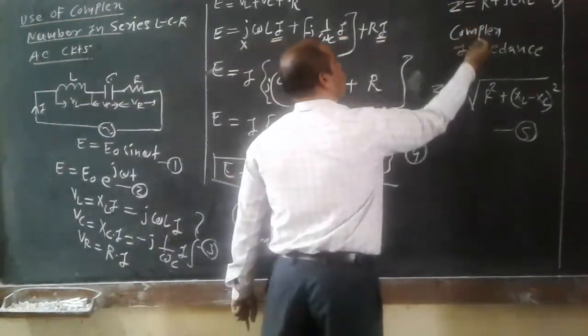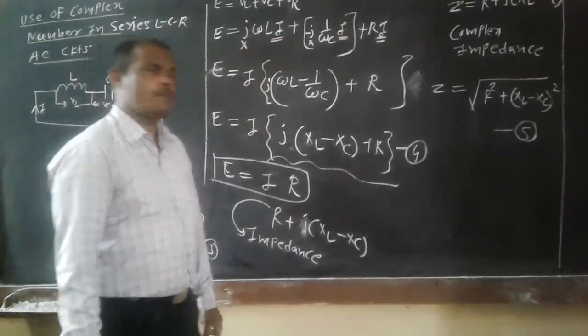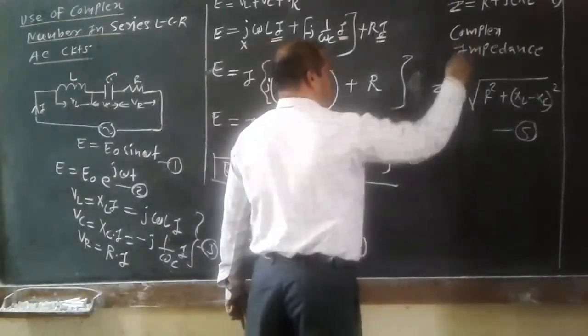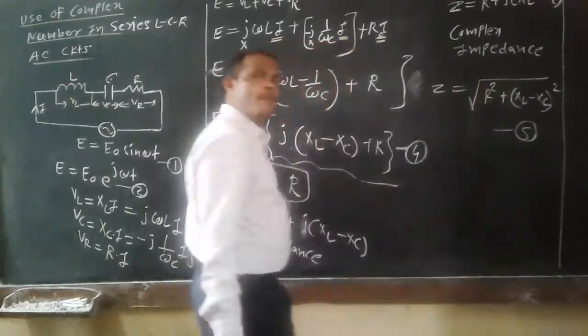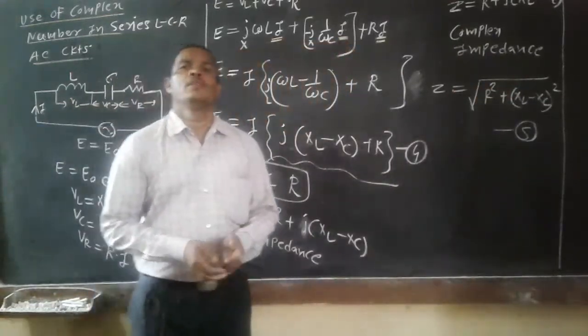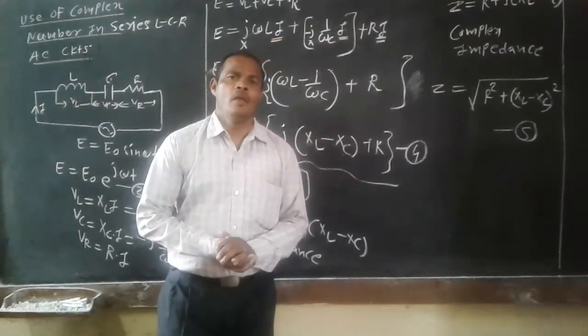It is called complex impedance, and the magnitude of the complex number Z is given by Z equal to square root of R square plus (XL minus XC) whole square.